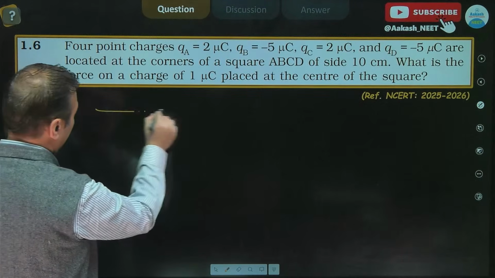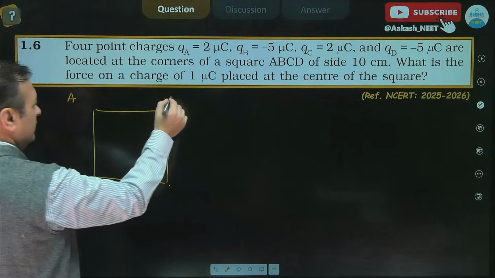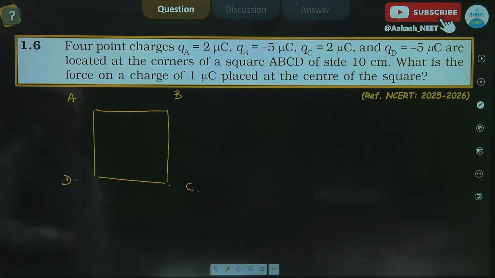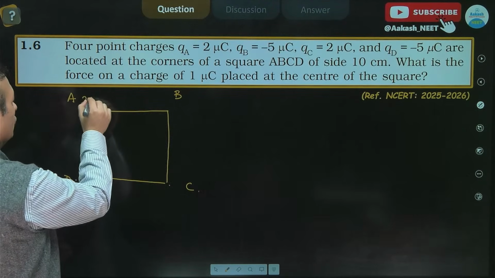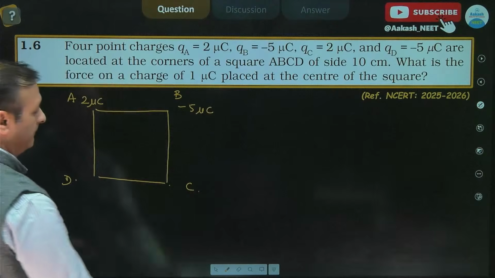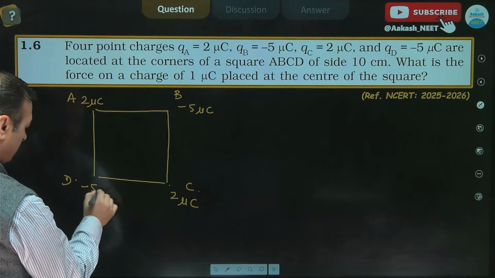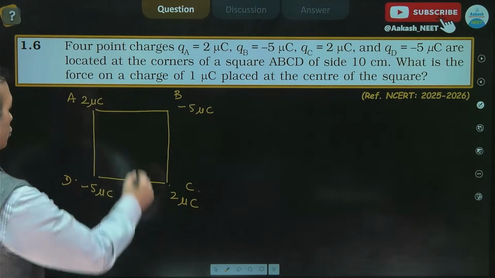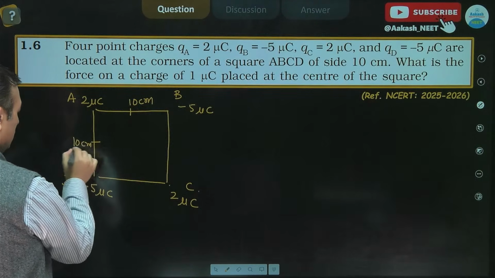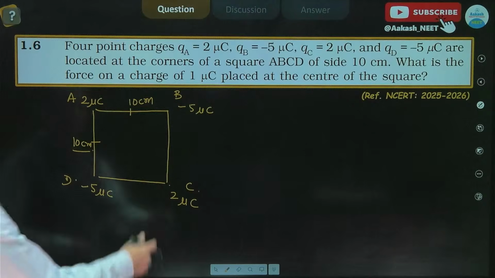So we have a square configuration with A, B, C and D. Charges 2 microcoulomb, minus 5 microcoulomb, plus 2 microcoulomb, minus 5 microcoulomb. So a square of side 10 centimeter. Got it? What is the force on a charge of 1 microcoulomb placed at the center of the square?